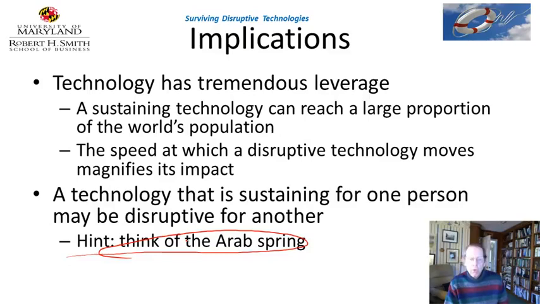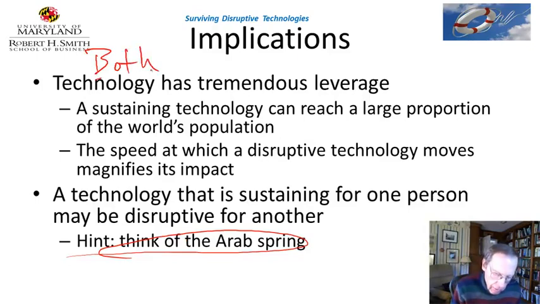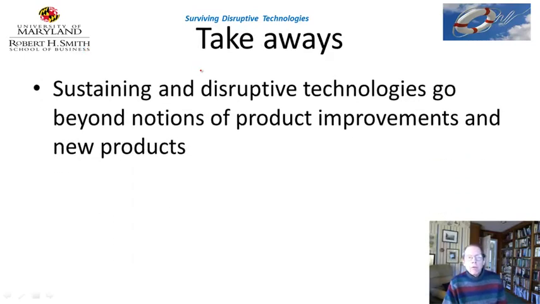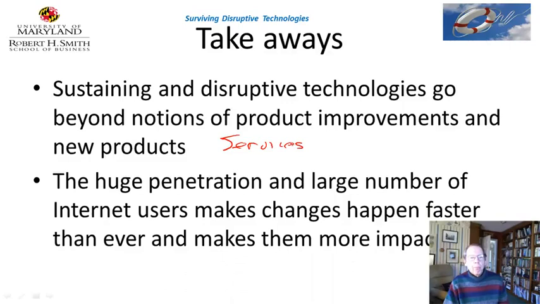So to answer our earlier question, is the internet sustaining or is it disruptive? The answer here is that it's clearly both. So the takeaways from this: sustaining and disruptive technologies go beyond product improvements and new products. They clearly extend to services, and even beyond services into social movements.